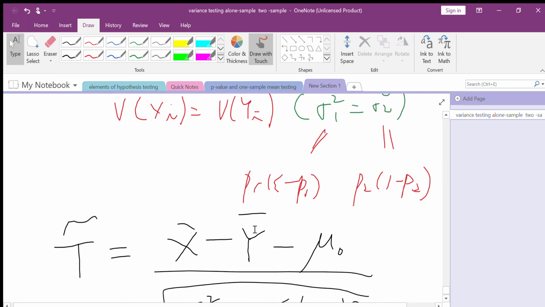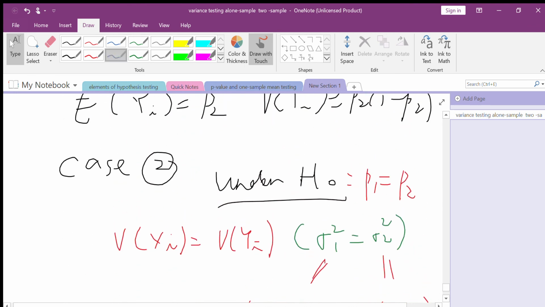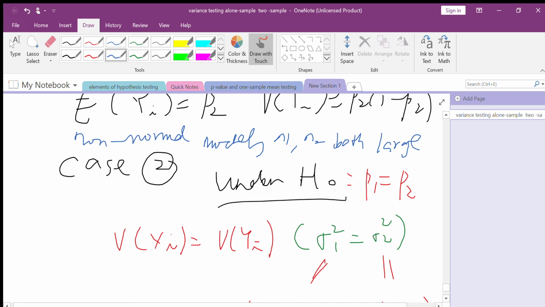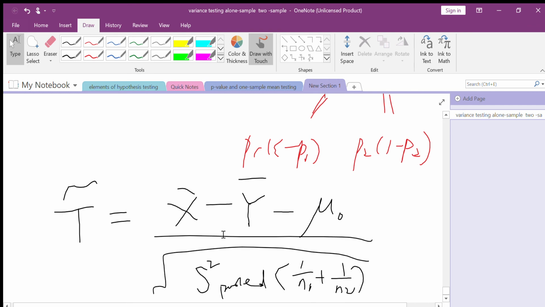This is case 2, and for the model aspect, this is a non-normal model with n1 and n2 both large. So it satisfies the model assumption, and we can compute this test statistic.